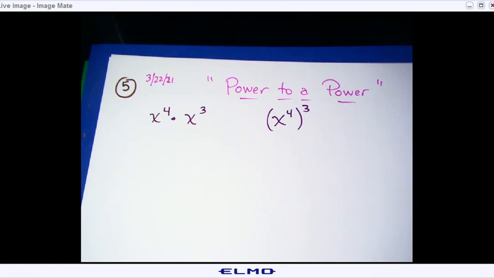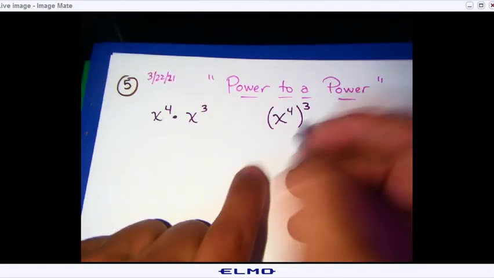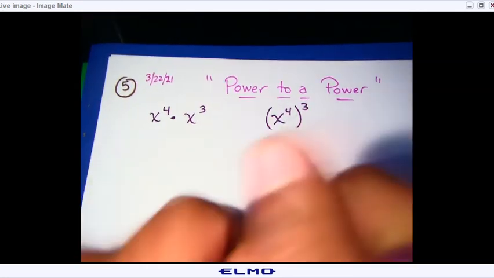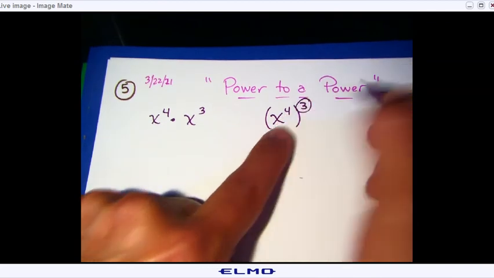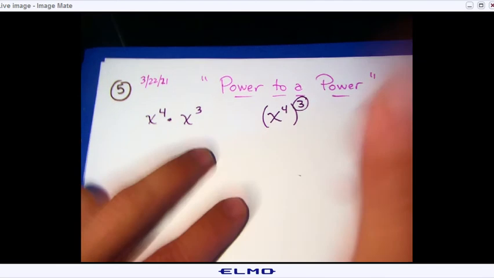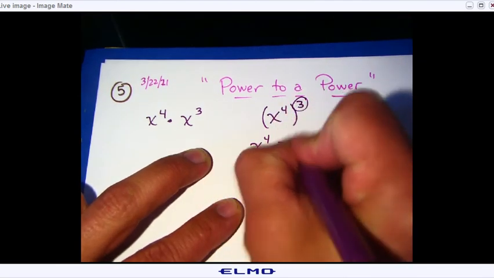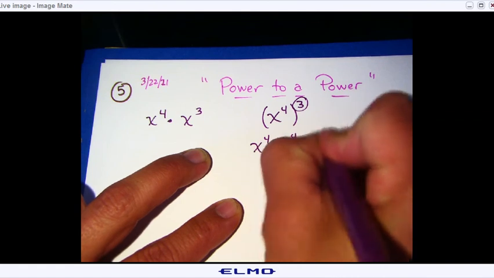What do we do? Well, that means whatever's in parentheses, we're going to write it 3 times. We're going to multiply by itself, and you're going to see it 3 times. So it's x to the 4 times x to the 4 times x to the 4th.